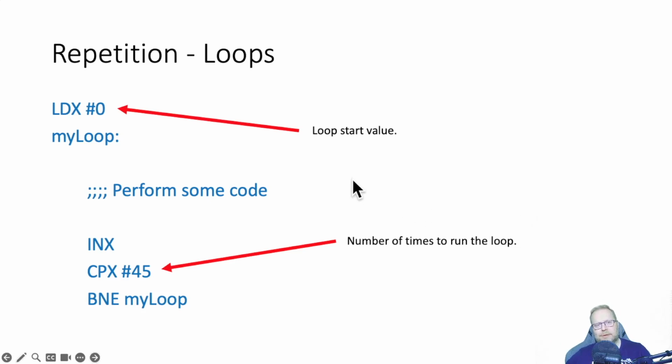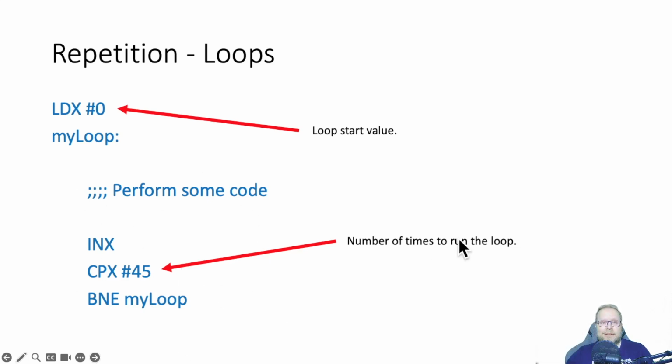So here, if we look at this example, we start this loop by loading X with 0. I create a label called my loop, perform some code, then I say increase X by 1, compare it to 45, just a random number, which is the number of times I want the loop to run. If it's not 45, then I branch up here again and perform it all over again.